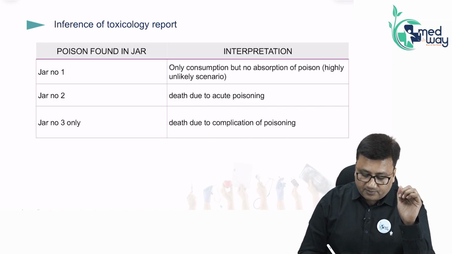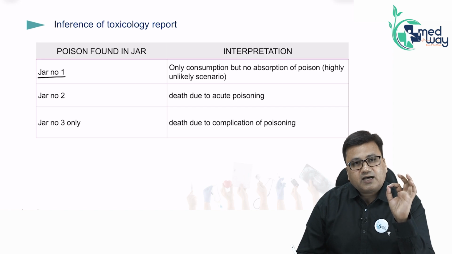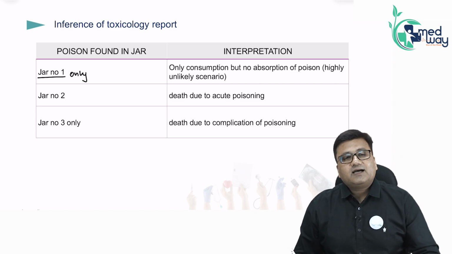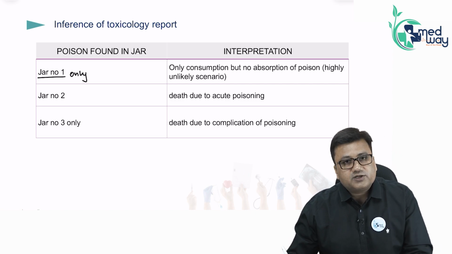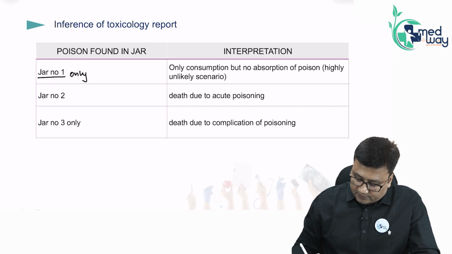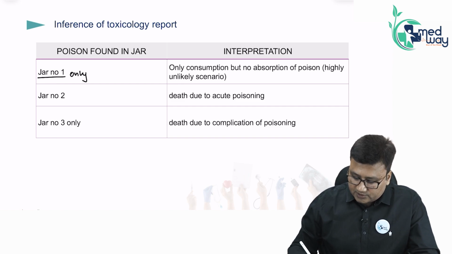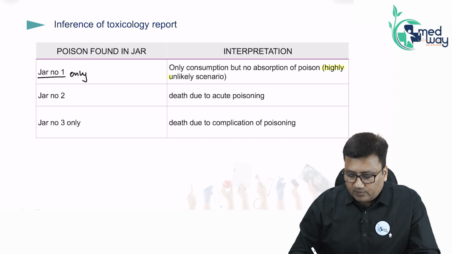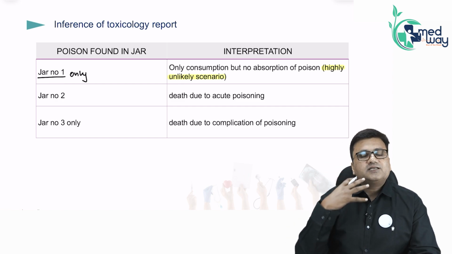Let us say the report comes and it says certain poison was found in jar number 1 only. Now, it is a highly unlikely situation. Why? Because if the report says that certain poison was found only in jar number 1, jar number 1, if you recall, was the ingestory pathway.